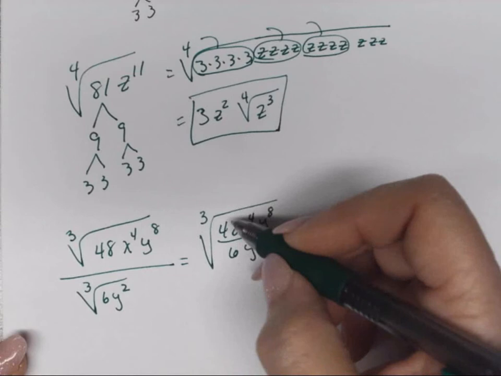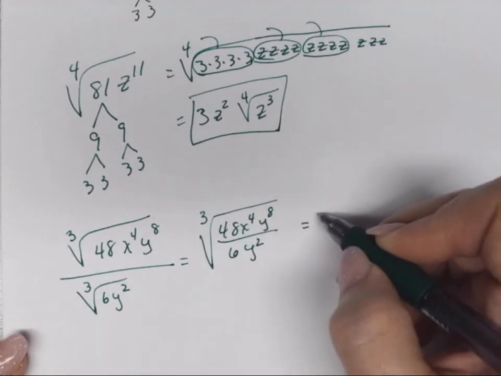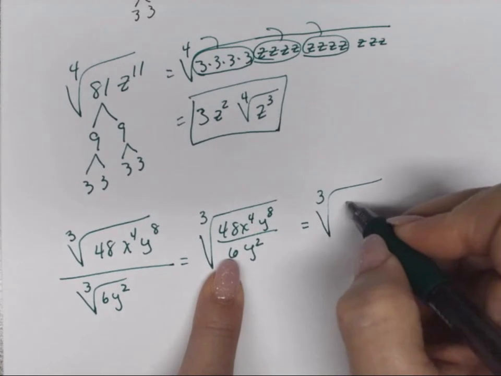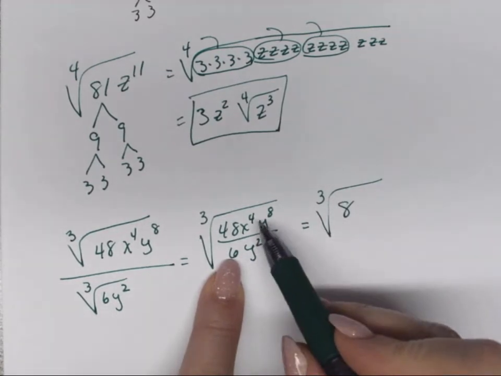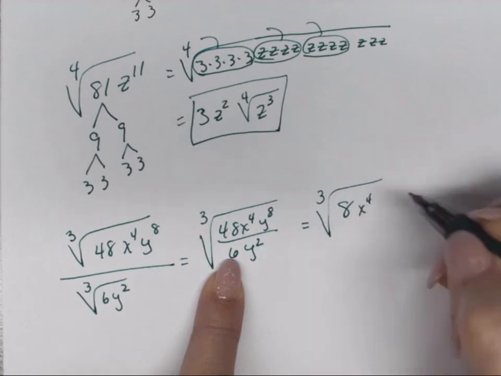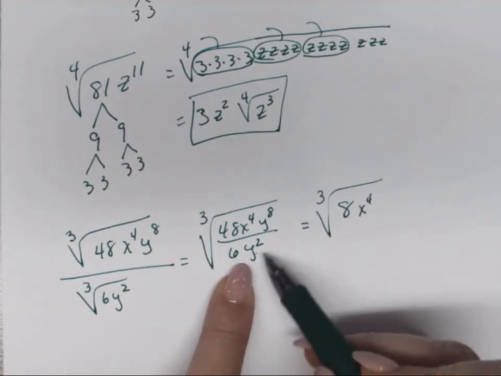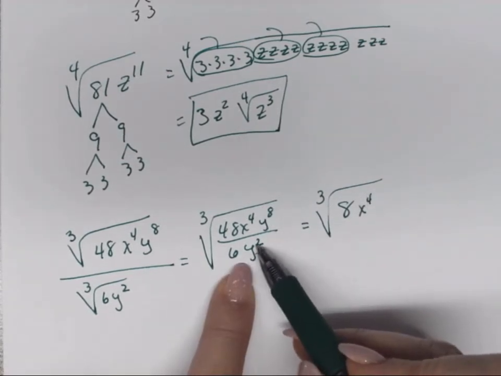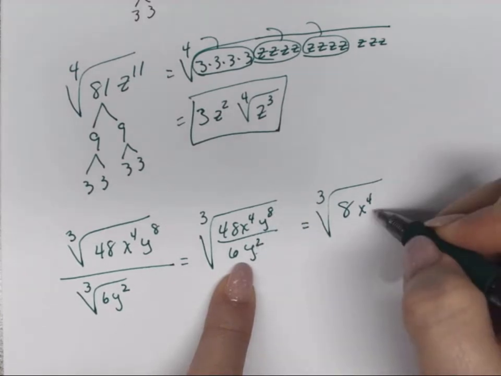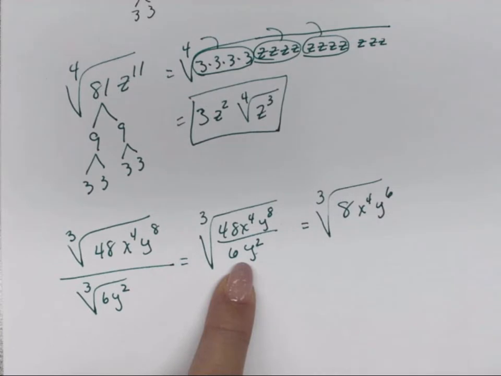So when we put this together, 48 divided by 6 will get us 8. The x to the 4th is just going to stay put. And our exponents on the y's, because this is down here, it will come up and be subtracted. So 8 minus 2, so that'll get us y to the 6th.